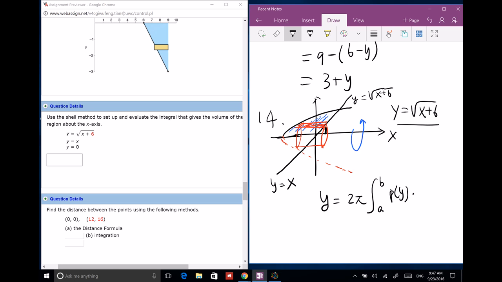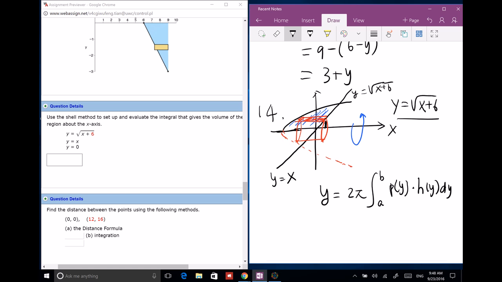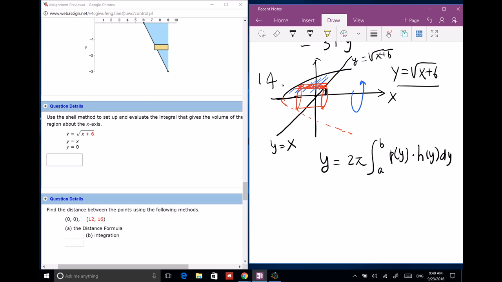The height, we're going to find the height. The height is the difference between the linear function and the root function. So h of y, dy, and 2 pi r times h.